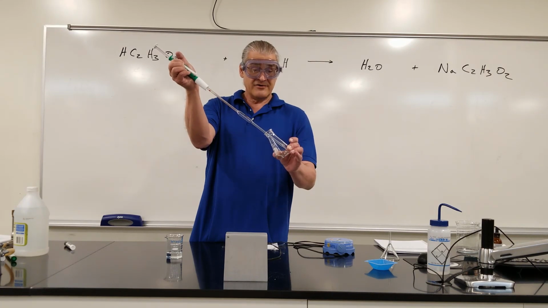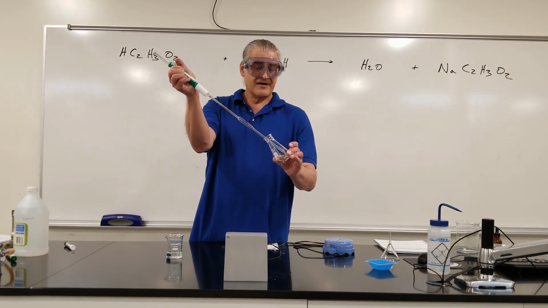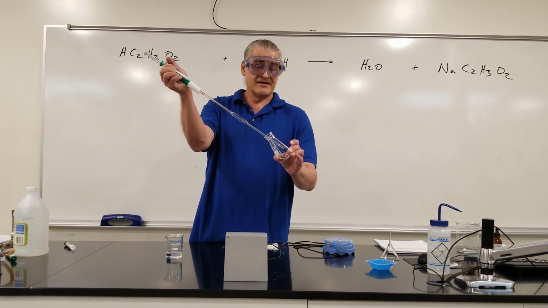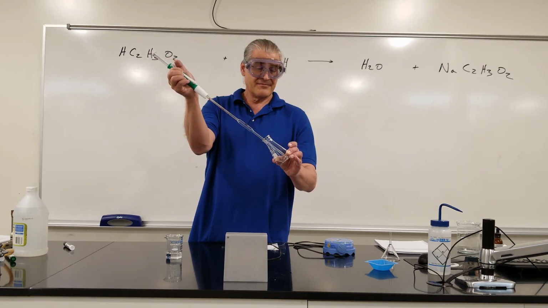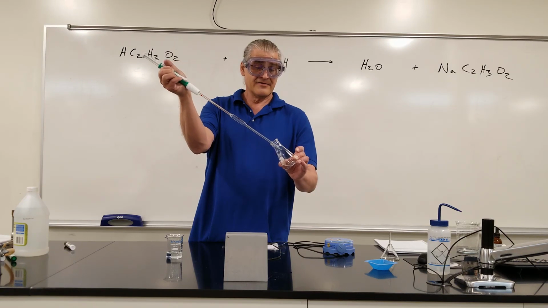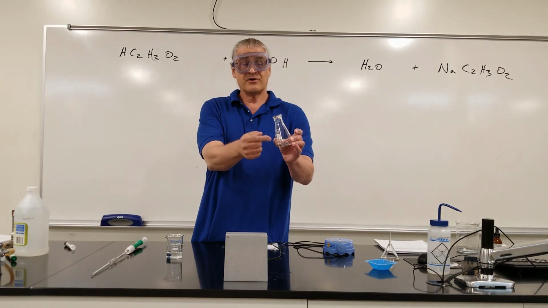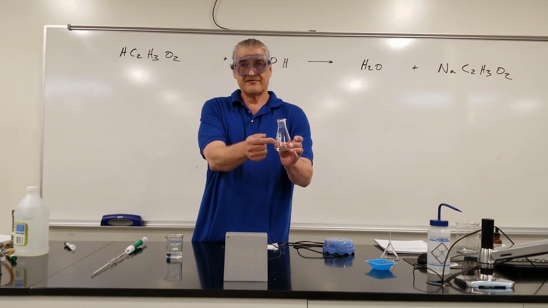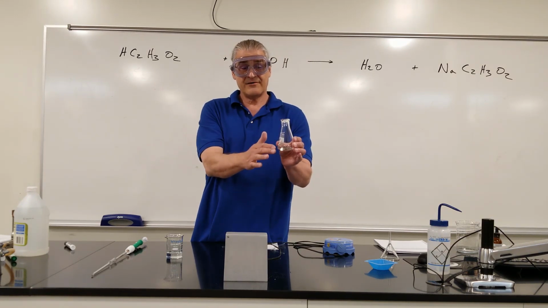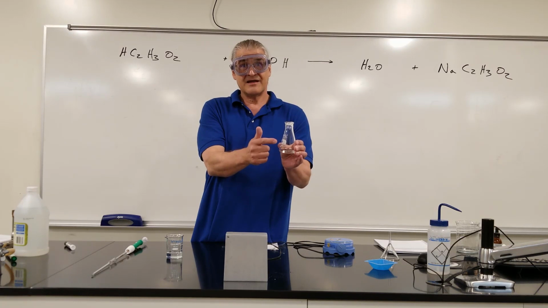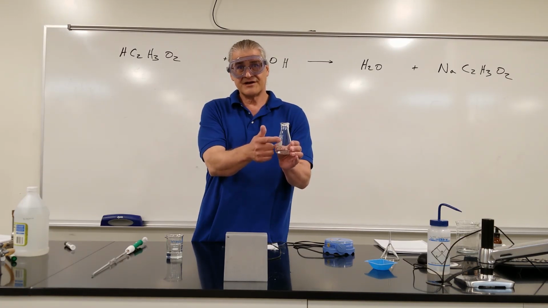The correct way to use a volumetric pipette like this, once you got a little bit left in the tip of the pipette, you touch it to the bottom of the flask. There's still a little bit left here, but that has transferred 10.00 milliliters of the vinegar to the flask. So now I'm fairly confident I have 10.00 milliliters of the vinegar solution in here.